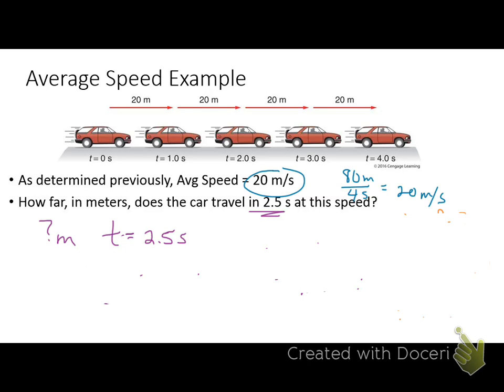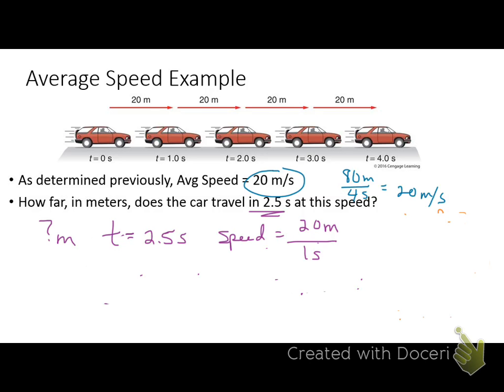The last thing I'm going to doodle is speed equal to 20 m, for meters, over 1 second. 20 meters for 1 second. Those are the three things I have going for this problem.